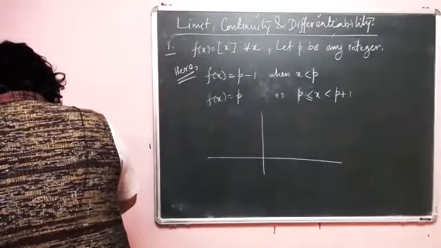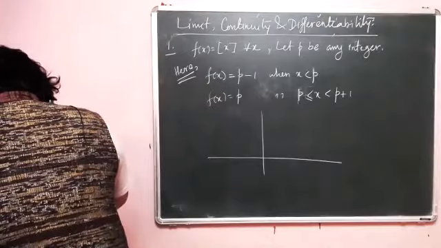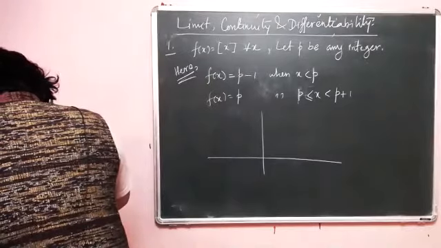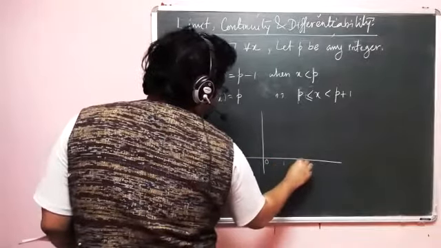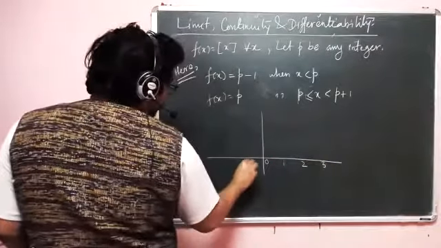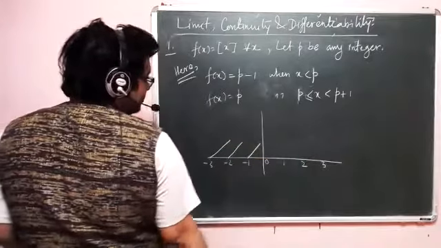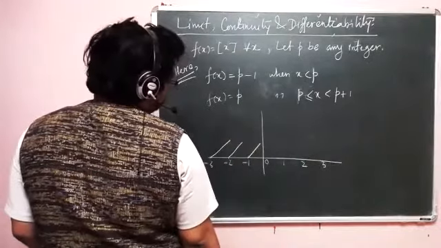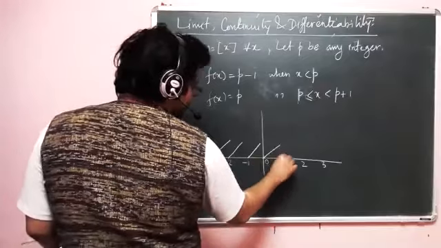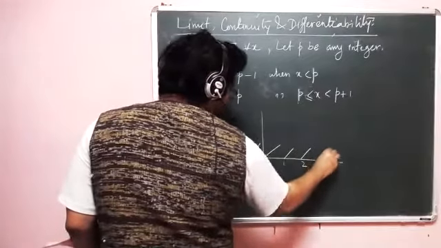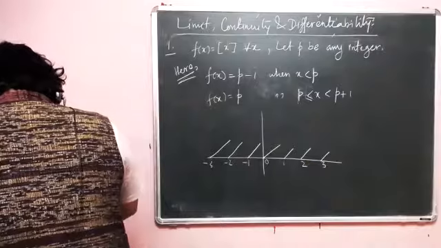Since x is any number, for all x, so this is 0, 1, 2, 3, and minus 1, minus 2, minus 3, then the diagram basically goes like this. Right? Okay. Is that correct?